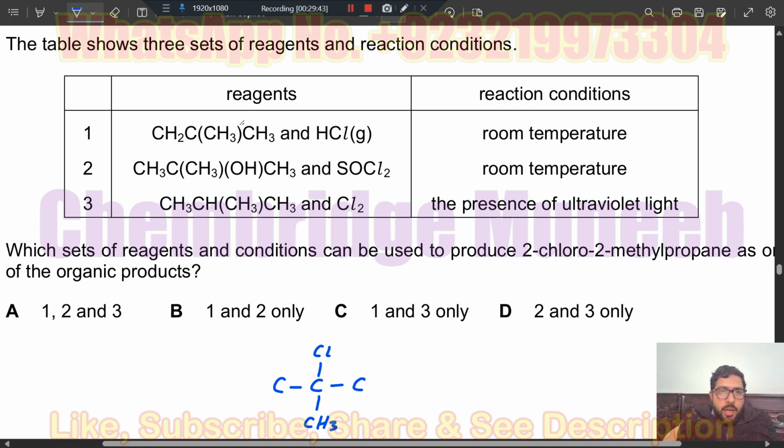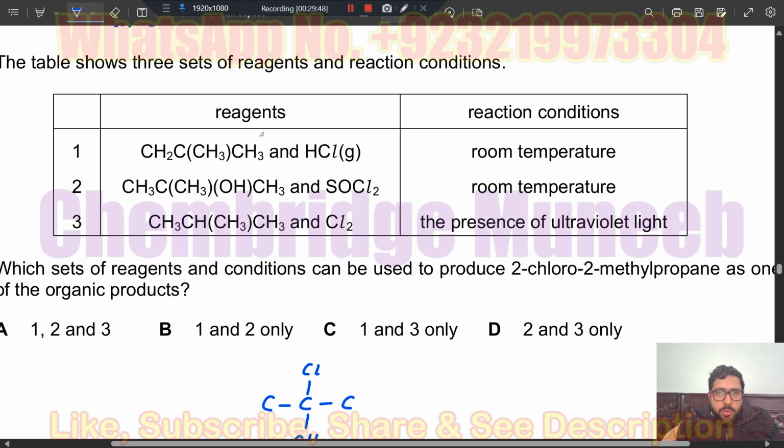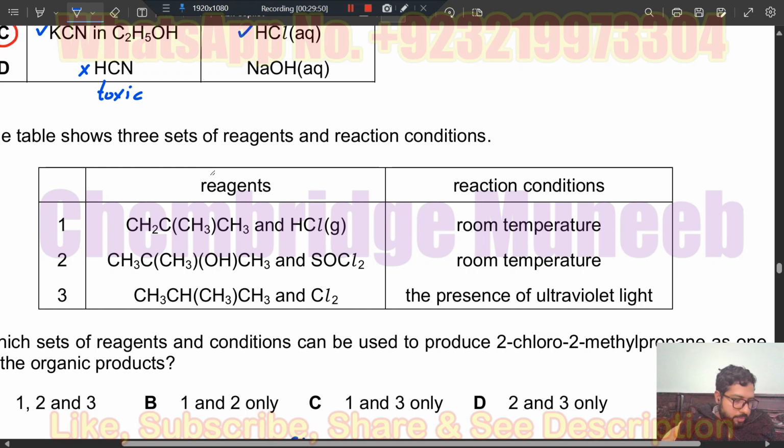If we look at the first reagent, it indicates that HCl is reacting with this compound, so we should have a clear structure of this compound. I'm going to write this structure separately. C is double bonded with the carbon, along with that it has two hydrogen atoms over here, one CH3 over here, and another CH3 over here. Now it should react with the HCl.